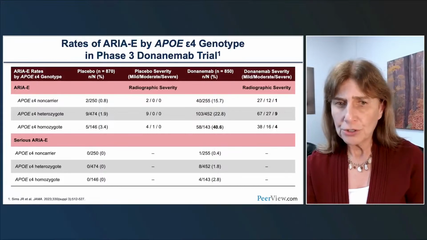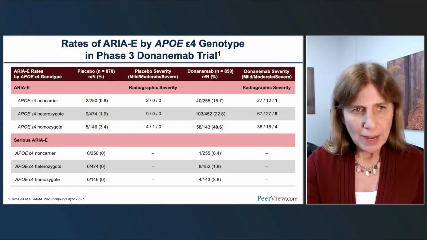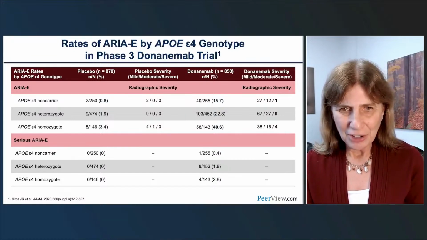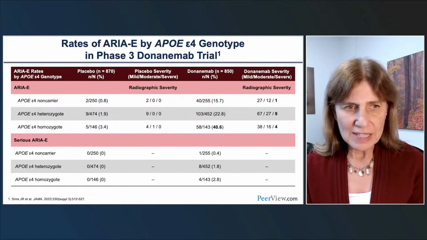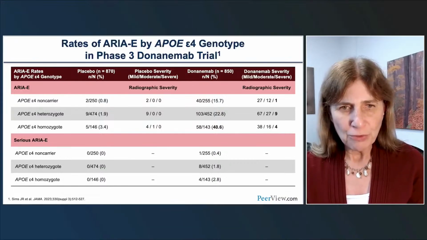Let's turn to donanemab now. And what you'll see is a similar trend across the ApoE carrier types. You have greater risk of ARIA, both ARIA-E on this slide and ARIA-H, the greater number of ApoE4 alleles.